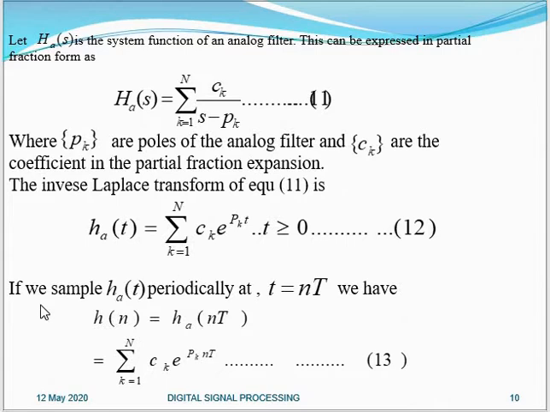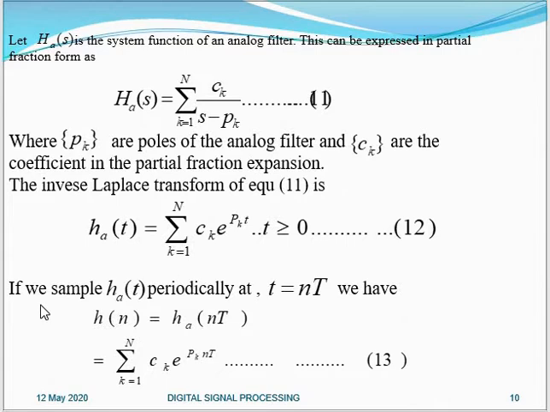Now if we sample h_a(t) periodically, we are going from analog to digital. The first thing we have to opt for when changing an analog signal to a digital signal is sampling. So if I go for sampling, that means I am going from analog to digital.